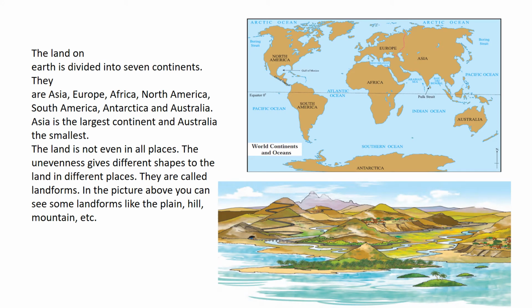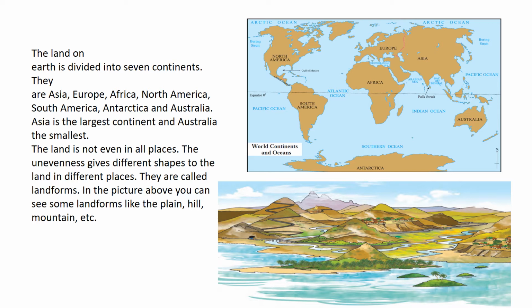The land on Earth is divided into 7 continents. In the below picture, you can see the continents. They are Asia, Europe, Africa, North America, South America, Antarctica, and Australia.